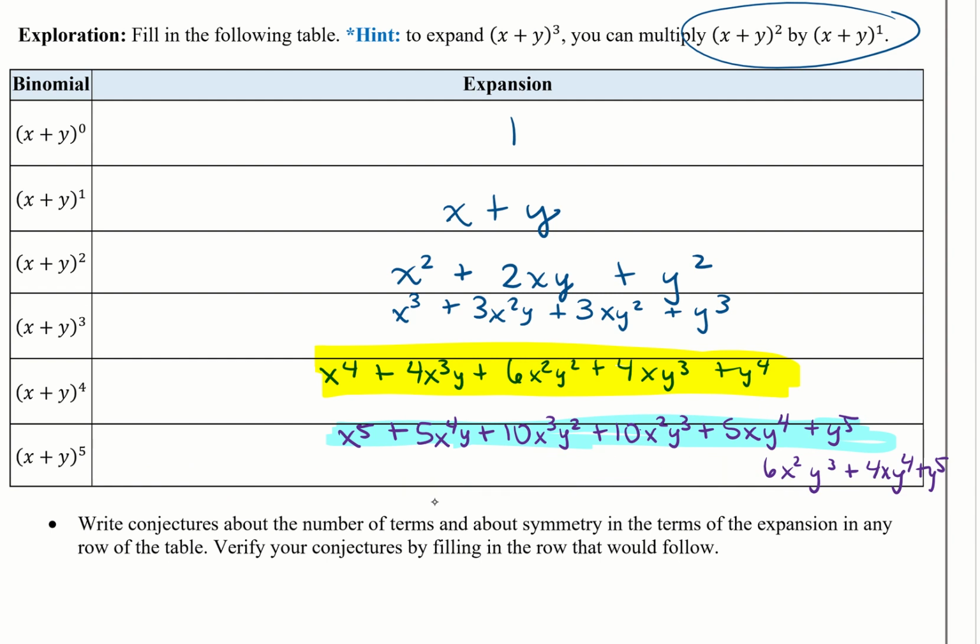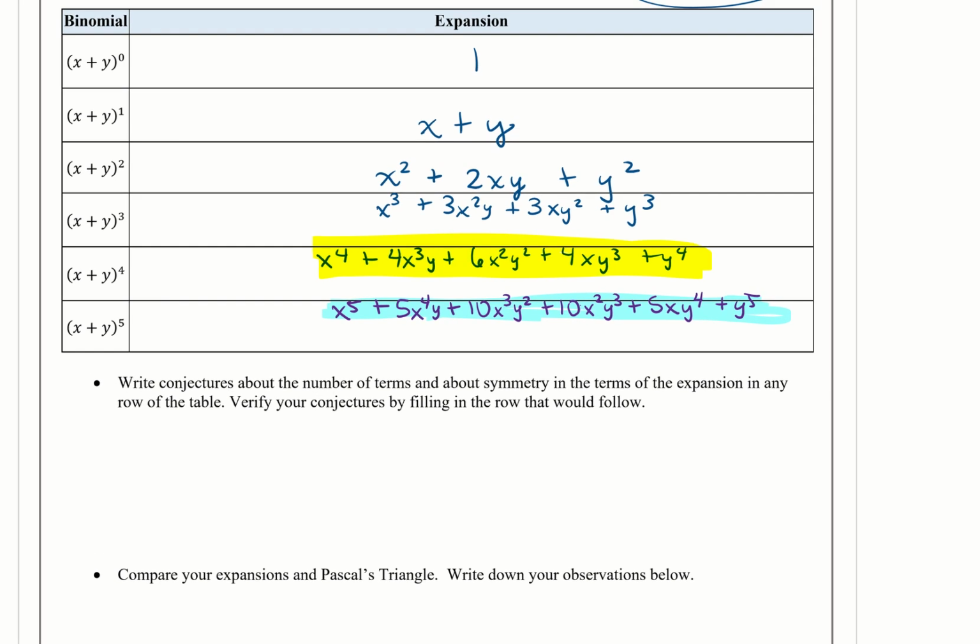So for the next part, we want you to look at these values, particularly look at maybe the coefficients of each of them, and look at the number of terms, look at the symmetry, and then compare them to what each row has. So compare it to the number of the row, and then compare it to the row before it and after it.